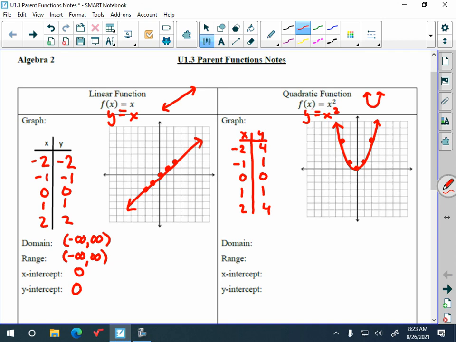All right, what would the domain be for this function? Yeah, negative infinity to positive infinity. How about the range?